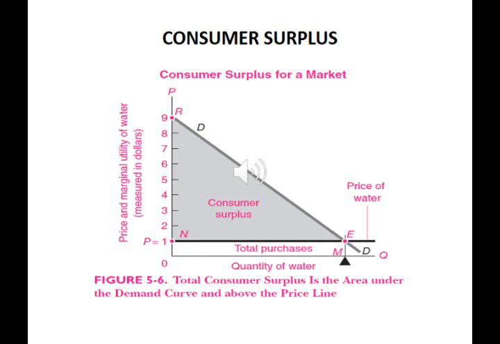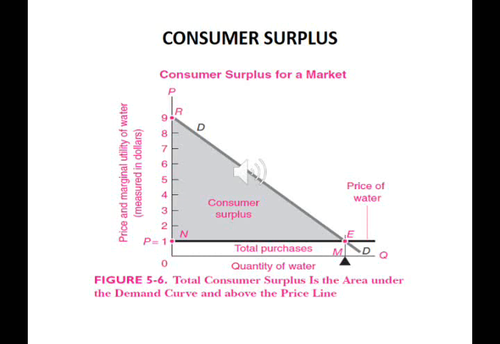So as you can see, the more bottles of water the consumer is consuming, the lower his willingness to pay. Why? Because of the law of diminishing marginal utility. The more bottles of water he consumes, the lower the marginal utility he will be getting, and this is revealed in lower willingness to pay.